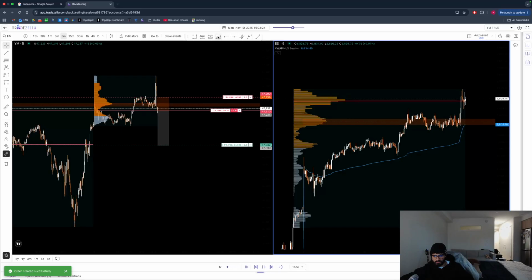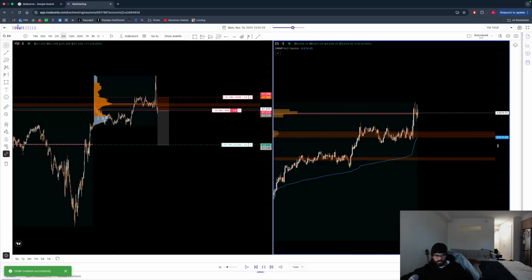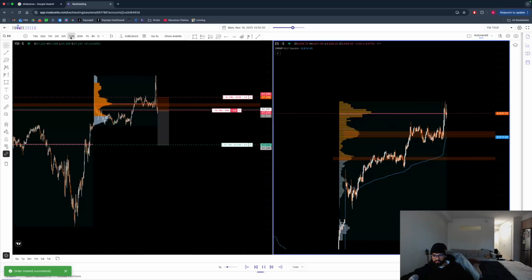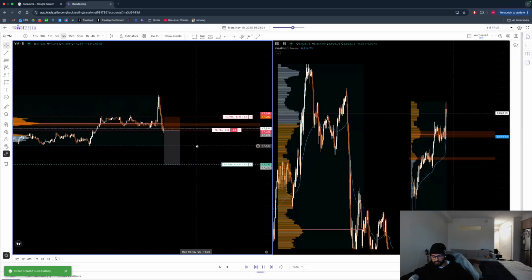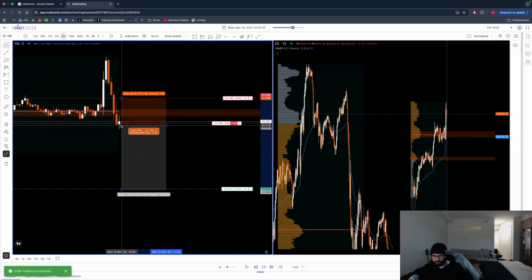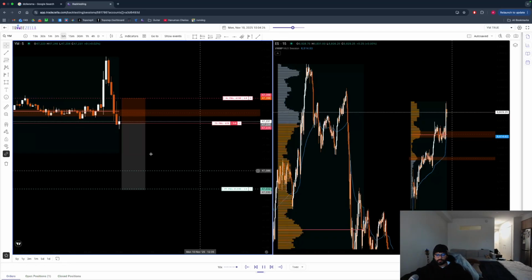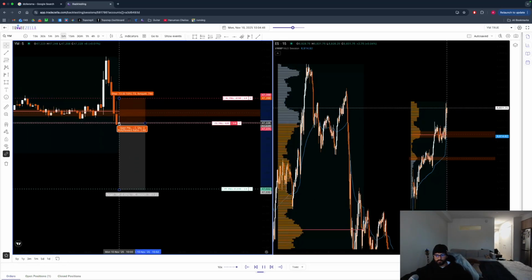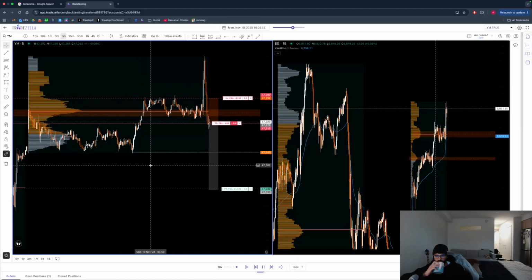HVN here, potential reversal zones, and yeah. Hands off. Break even there.